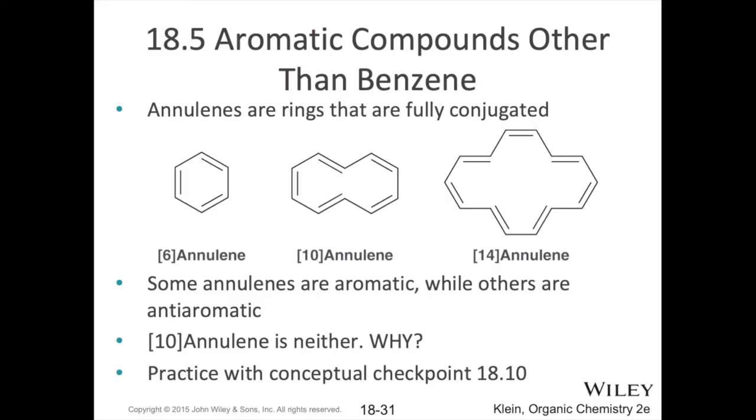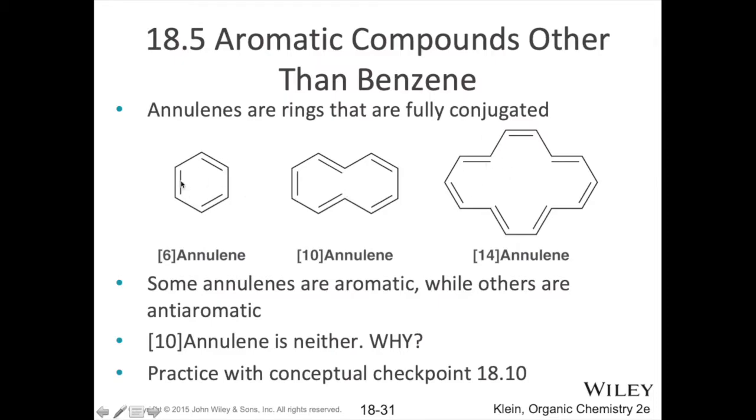You really just have to look at your number of pi electrons. If you've got an odd number of pairs, then it's going to be aromatic, and if it's an even number of pairs, then it's anti-aromatic. So all these examples here you'd expect to be aromatic because they've got odd numbers of pairs.